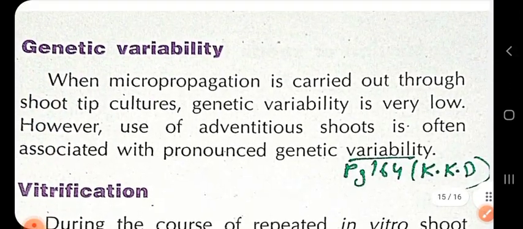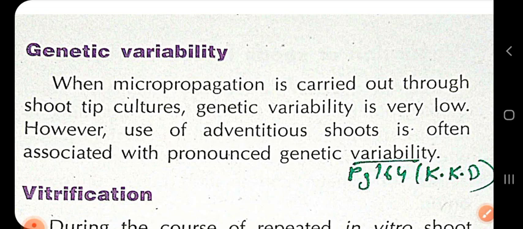Next is genetic variability. I have already said that when micropropagation is carried out through shoot tip cultures, genetic variability is very low, because shoot tip cultures undergo normal mitosis. The shoot tip cultures contain the meristematic parts, and they show less degree of genetic variability, because the cells of the meristematic part of the explant divide by normal mitosis and the cells are maintained at a uniformly diploid level.